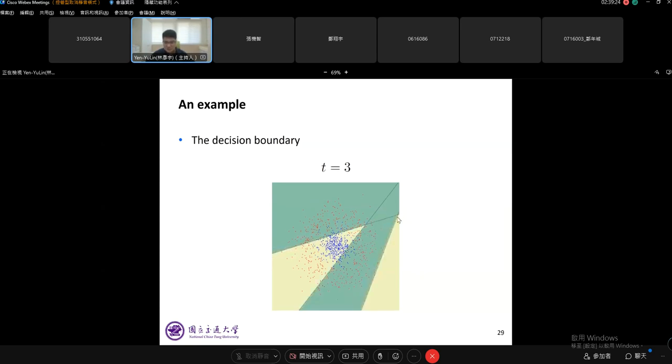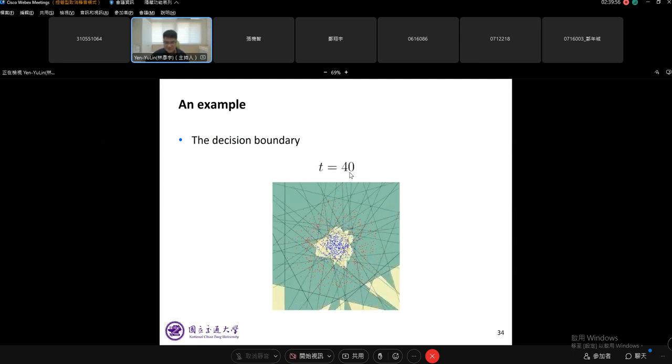If we include the third weak learner here, the decision boundary changes, and we can increase the green shaded region. This is the decision region after choosing three weak learners. Here are the decision regions after choosing 4, 5, 6, 7 weak learners, and 40 weak learners.